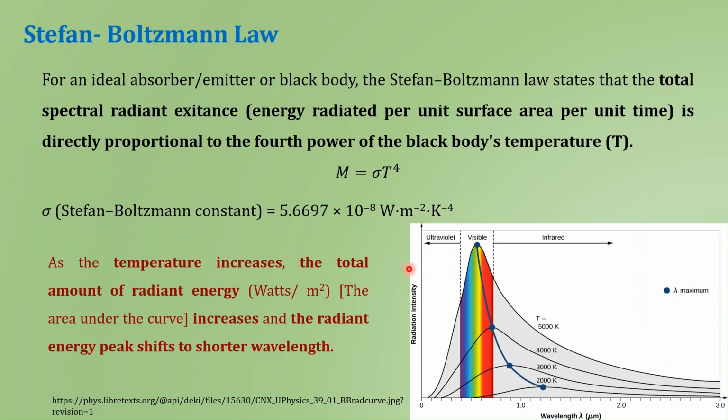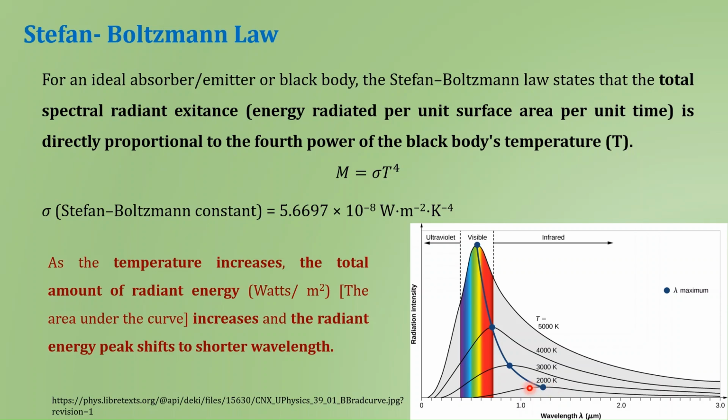In this graph, on the y-axis we have the radiation intensity, on the x-axis we have the wavelength. And these four curves represent the radiation intensity for the black body having the temperature 5000 Kelvin, 4000 Kelvin, 3000 Kelvin and 2000 Kelvin.